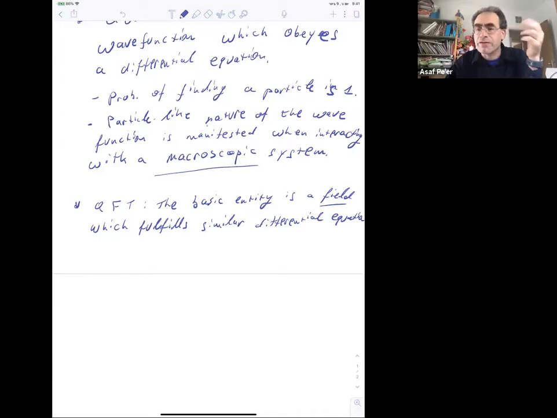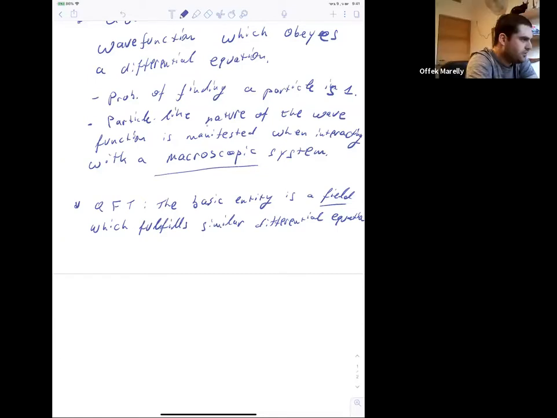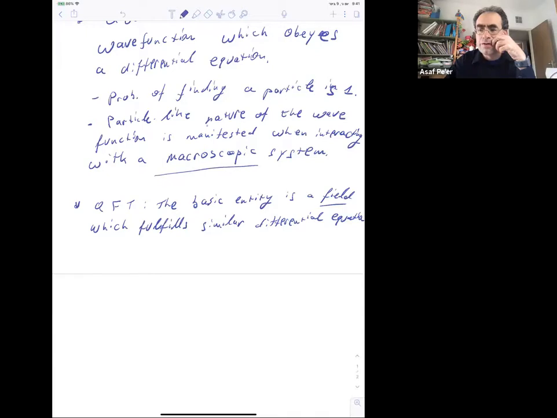If I'm talking about fields, then what would be particles in this framework? How do I get from a field to a particle? Field is a charge that moves. Well, no, it's a field. Think of an electric field. It's there everywhere.